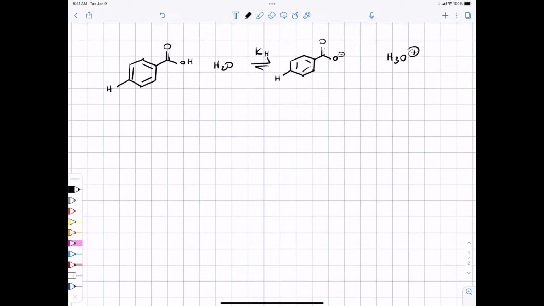And then we can measure the equilibrium constant for a series of related reactions in which we vary the identity of the substituent at the para position. And that equilibrium constant will be Kx.